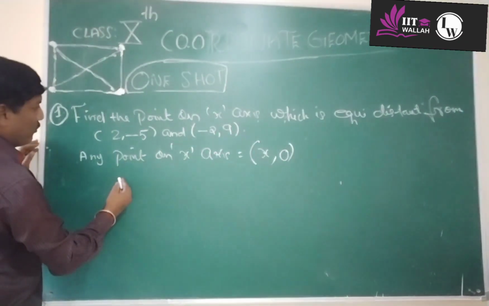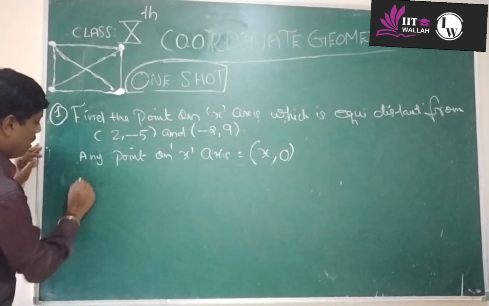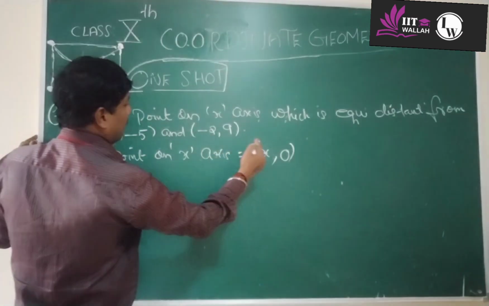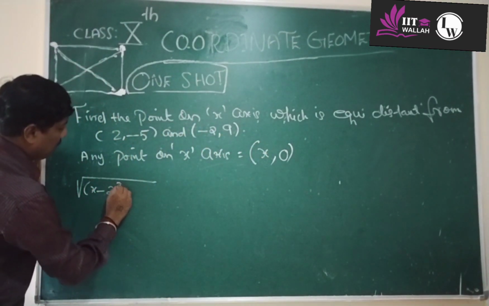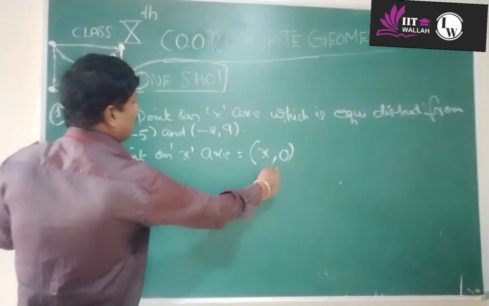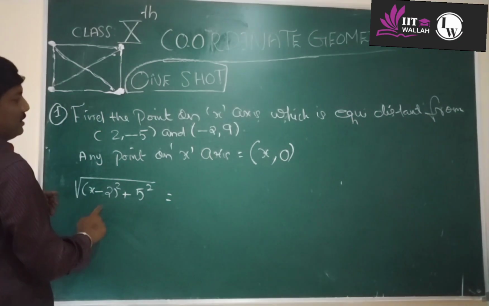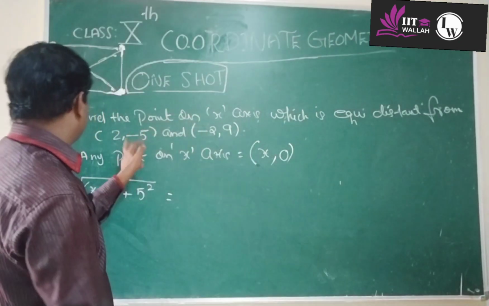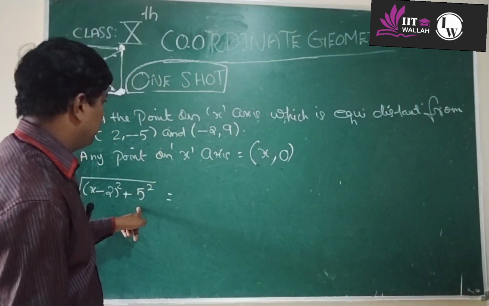So first, distance between this and this using the formula: root of x2 minus x1, x minus 2 whole square, plus 0 minus 5, that is 5 square. So this is the distance between these two. x2 minus x1 whole square plus y2 minus y1 whole square.